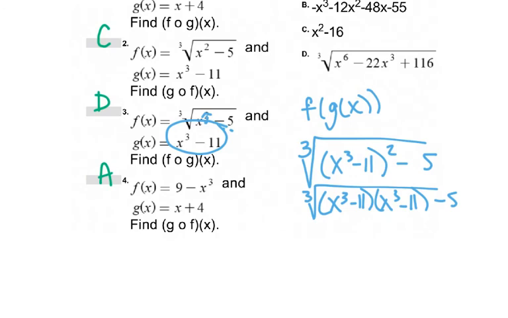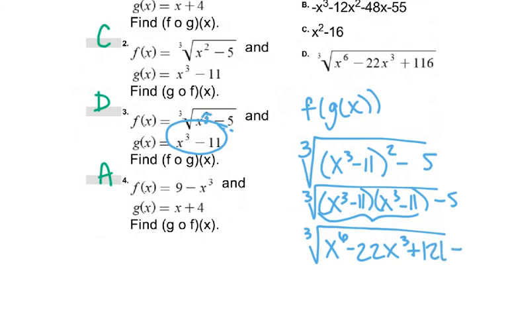It gets a little complicated. So when I FOIL these two, I get x to the 6 minus 22x cubed plus 121 minus 5. And then these are my like terms, which become 116. So that's how I got D.